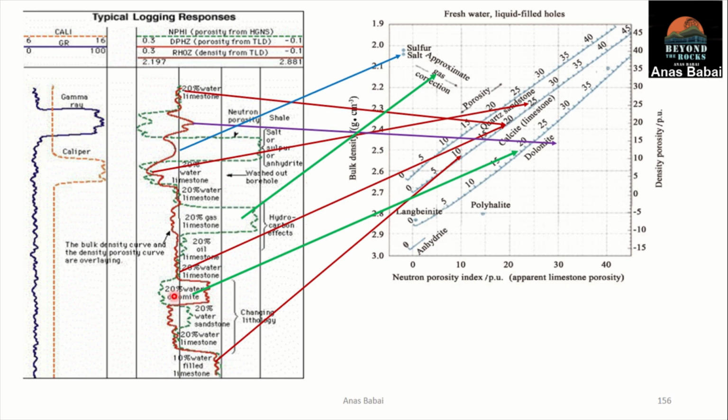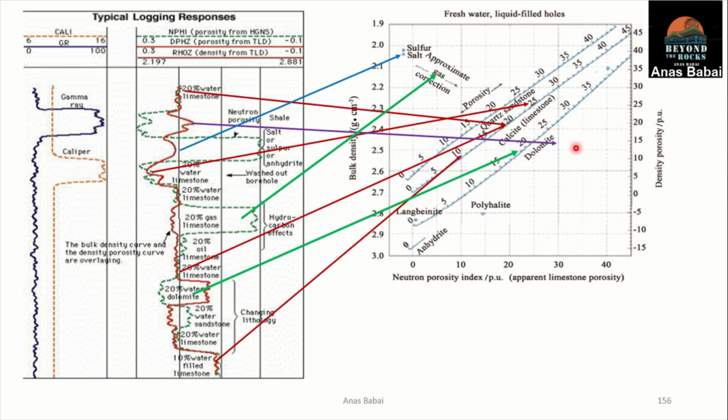This is the dolomite. We have around 25% neutron, so we have 25 neutron somewhere here, and around this is 20 and this is 10, so it's around 15 density.